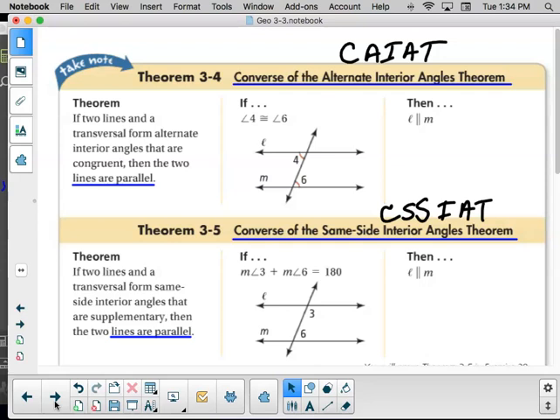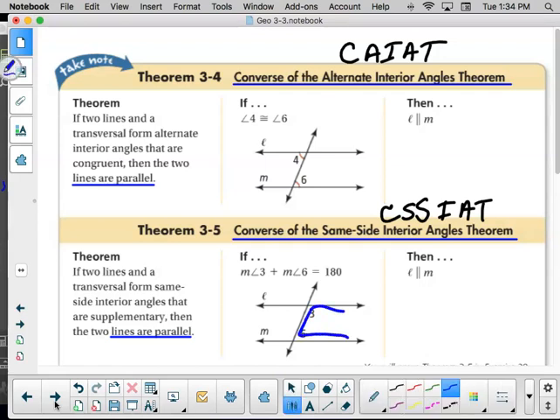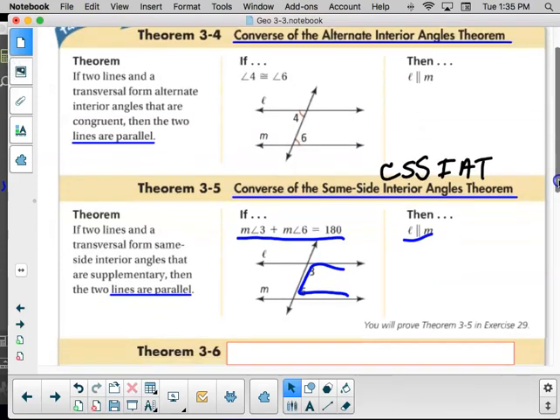Now, in theorem 3.5, the converse of the same side interior angles theorem is talking about if these are supplementary, if that property exists, then the lines are parallel. Okay, so that's how this will work, and that's why I keep emphasizing the importance of being able to name the angle pair relationship.